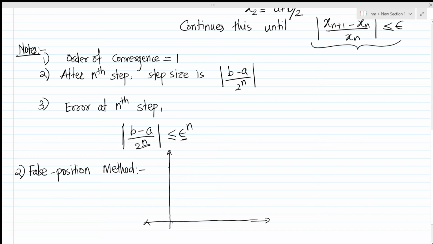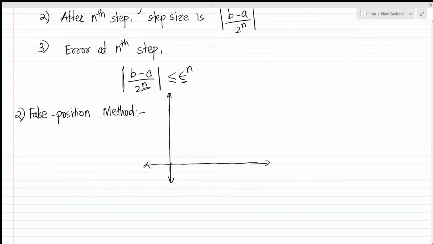Suppose a is very near to the root, we do not consider that. We just take the average, and maybe our next update is here, then here, then here, and finally we converge to the solution, but it takes more iterations.